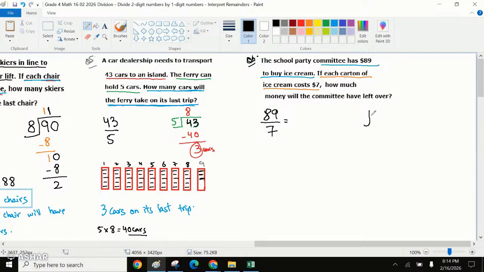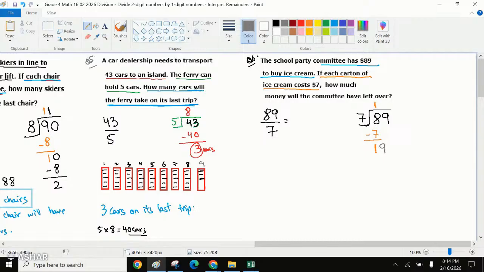Okay, so what we do is 89 is to be divided by 7. 7 times 1 is 7. 8 minus 7 is 1. We bring down the 9. 7 times 1 is 7. 7 times 2 is 14. 7 times 3 is 21. But 21 is greater. Right?